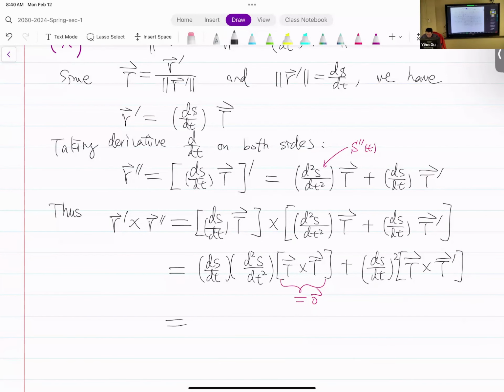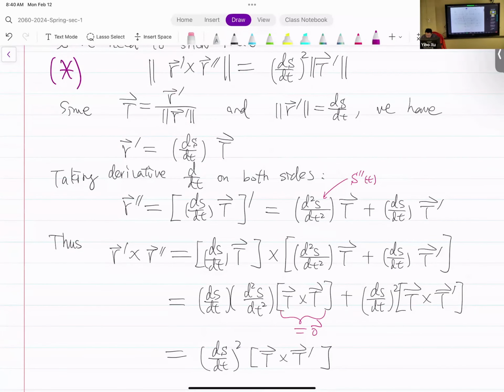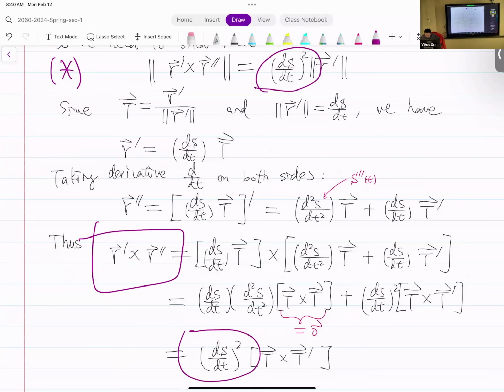So this directly becomes (ds/dt) squared. And then we need to be concerned about the magnitude of T cross T prime. It's actually really close, because we want to show that the magnitude of the thing right here is going to be (ds/dt) squared. We just want to show that the magnitude of T cross T prime is essentially the magnitude of T prime. And that's actually not difficult.